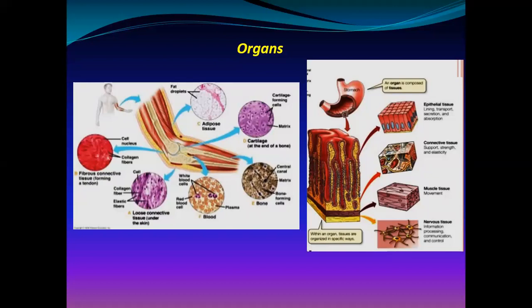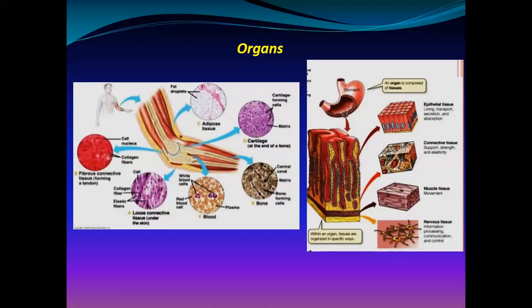There are muscle tissues involved, and the nervous tissue is also there. That is taking care of information processing, communication, and control. So this is an example of an organ formed by several tissues.